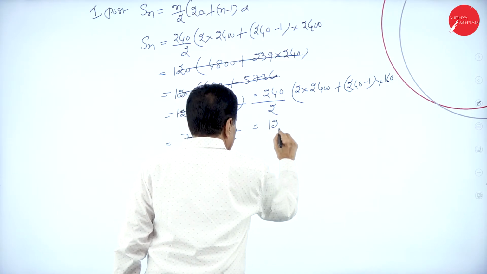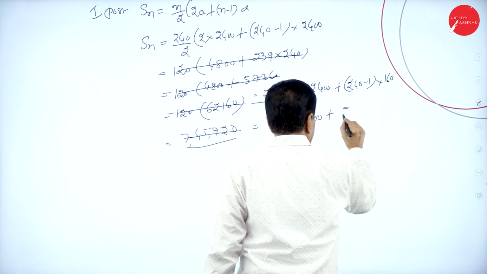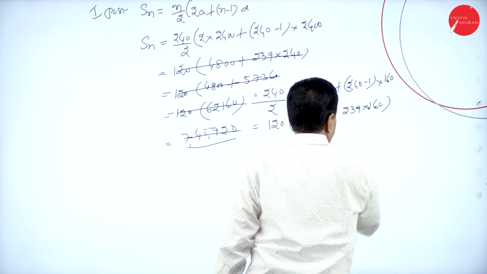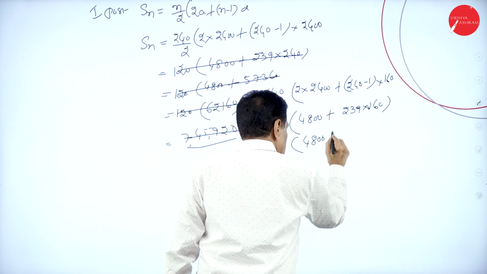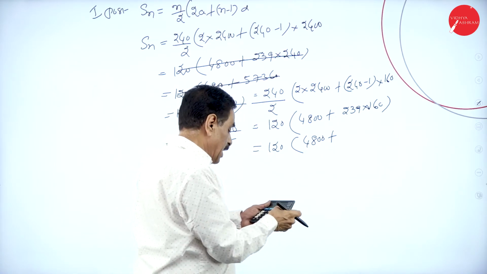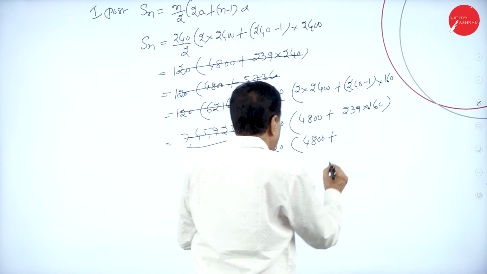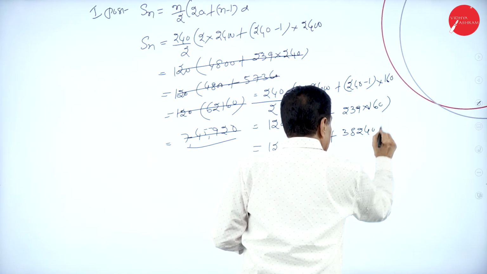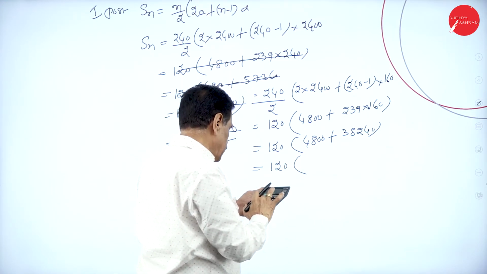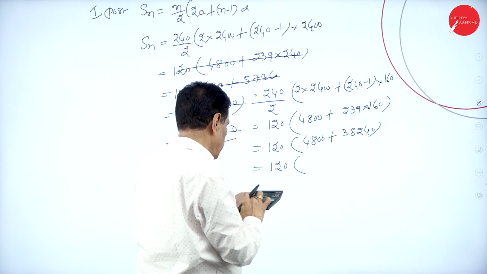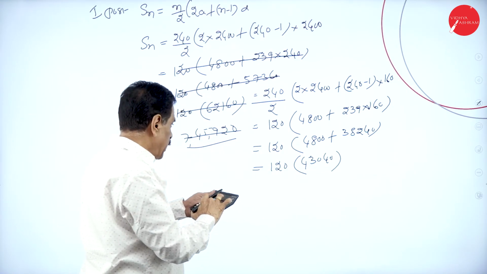This is 120 into 4800 plus 239 into 160, which is 38,240. 120 into 38,240 plus 4,800 is 43,040, multiplied by 120.